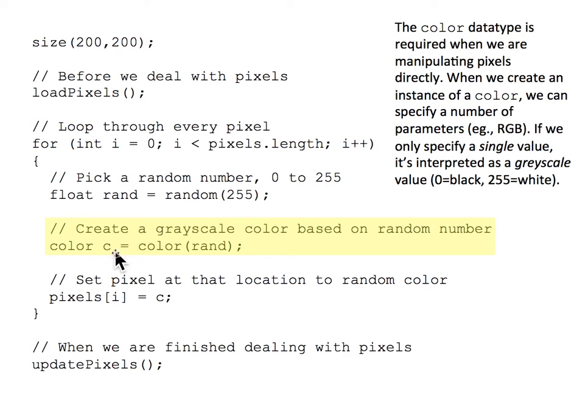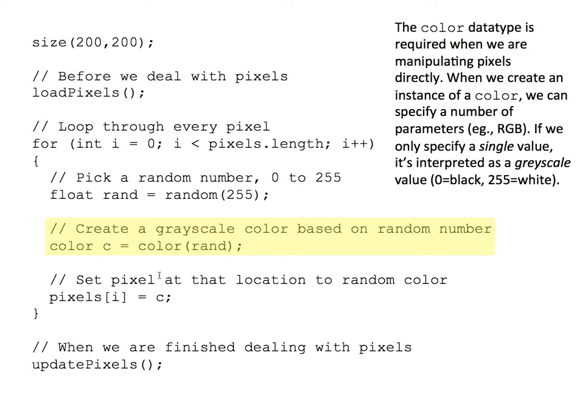So basically a color object, c in this case, wraps up the integer RGB values for the colour plus a transparency value. Previously we've been specifying the R, the G, the B as separate integer variables, and what a color object does is wrap these three things together with a transparency value into a single object. So it's essentially just a little bag of integers, and each pixel is effectively a color object. Every pixel in the pixels array is an instance of the color class.